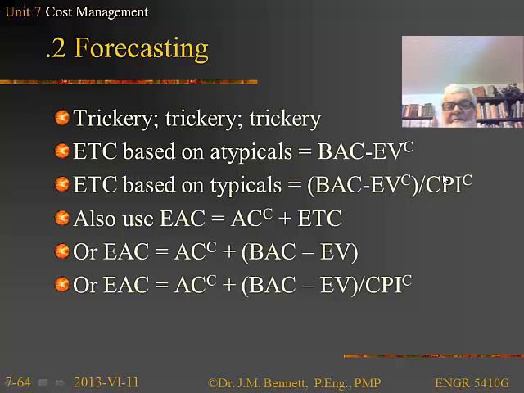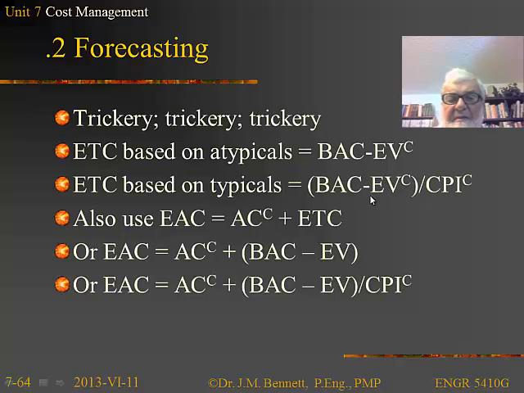So for example, if we've got, let's say, $100,000 and we've earned $50,000, then we've got $50,000 to complete. If our CPI at this point was 0.5, then this would mean it would take basically $100,000 to complete, not the estimated $50,000. So we would be over budget by the original that we've earned here, $50,000, plus $100,000 to complete.